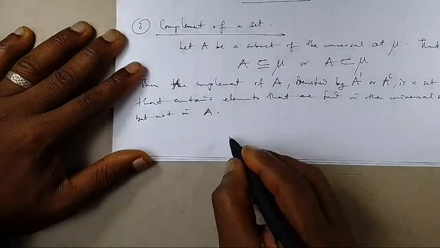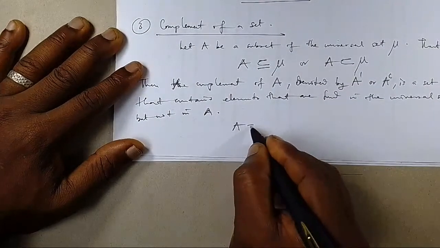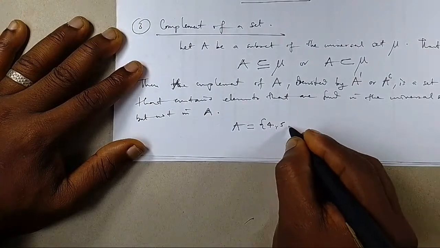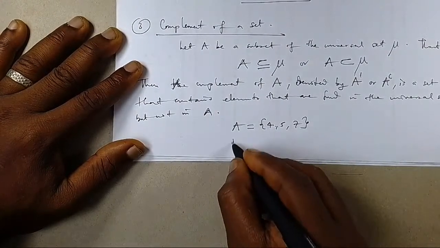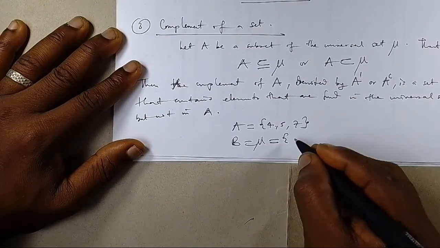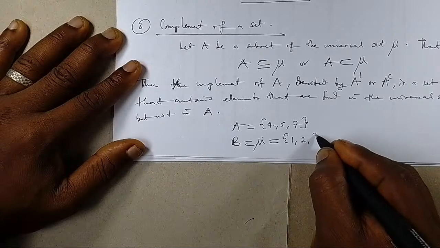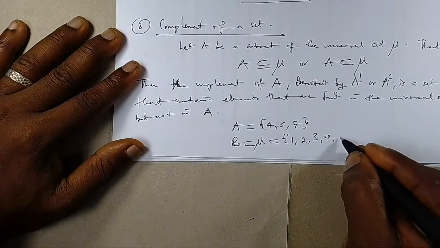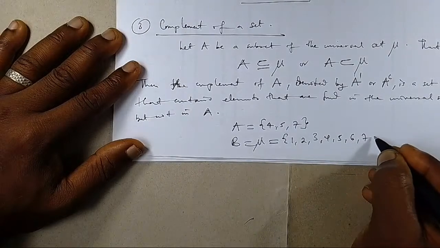Let's see what that means. So let's assume that A is a set that contains 4, 5, and 7. And B, which is my universal set in this case, is a set that contains 1, 2, 3, 4, 5, 6, and 7.